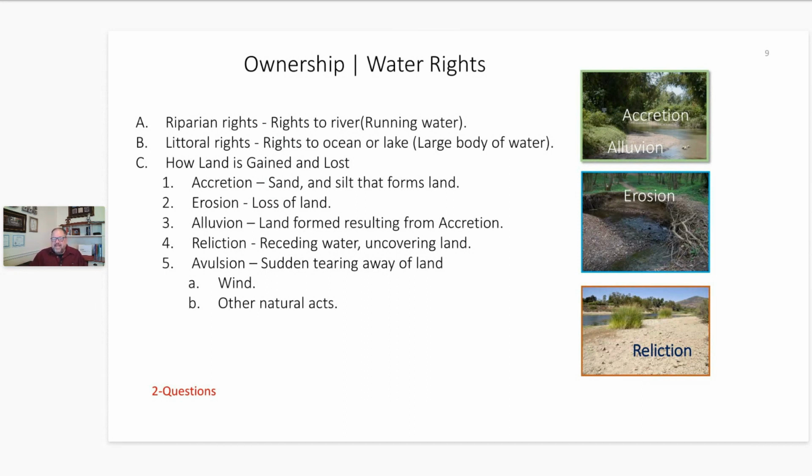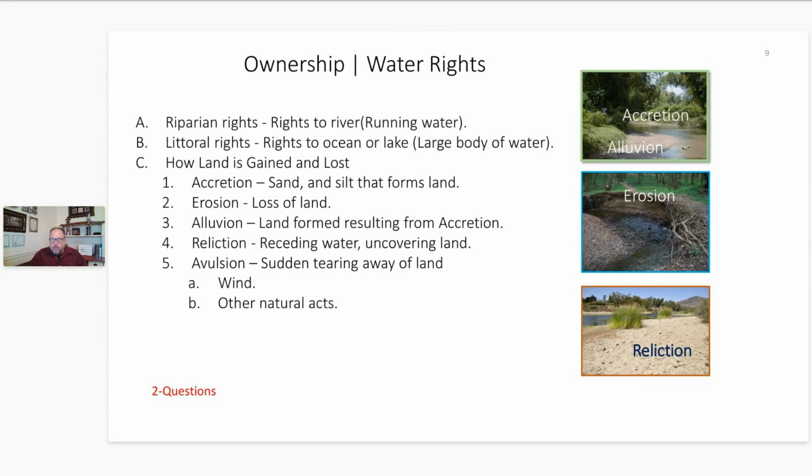It's kind of an easy memory aid because for riparian, I like to use the letter R. Riparian, R, is going to be associated with water rights that is running water, like rivers and streams. So we're talking about riparian, R, running water, R, rivers.